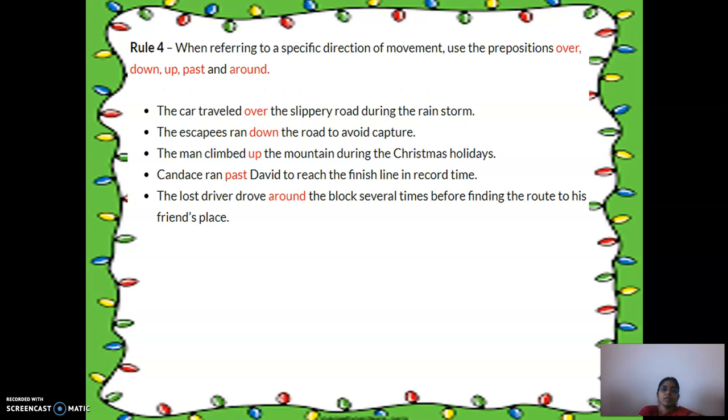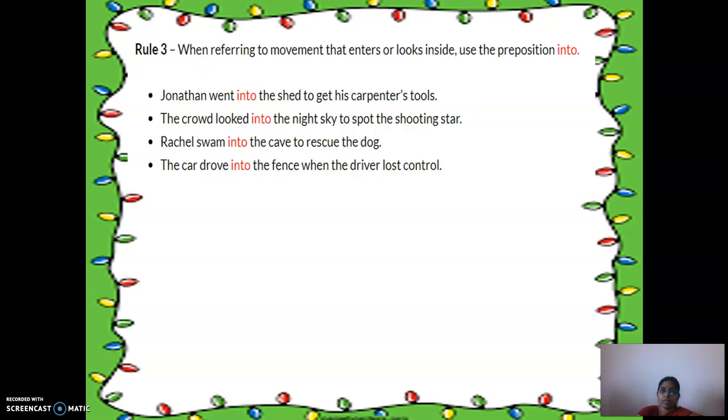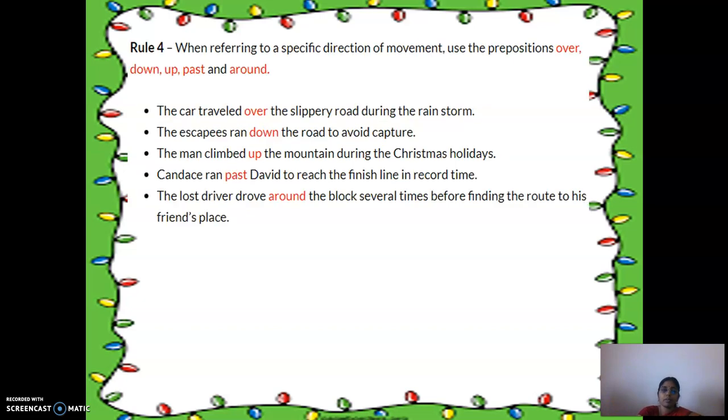Okay. So, rule number 4. Is it clear here? Into, is it clear? Right. When referring to a specific direction or movement, use the prepositions over, down, up, past and around. So, one example, and you all know all these words already. The car traveled over the slippery road during the rainstorm.